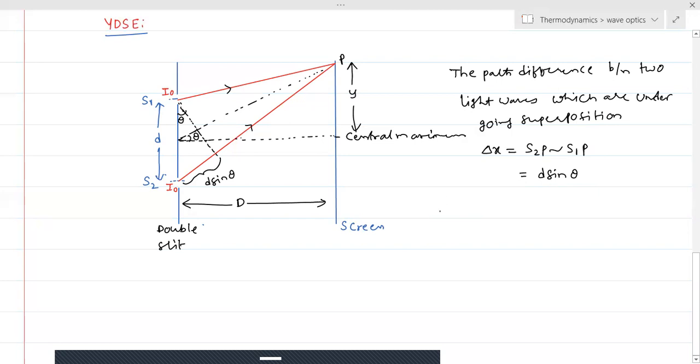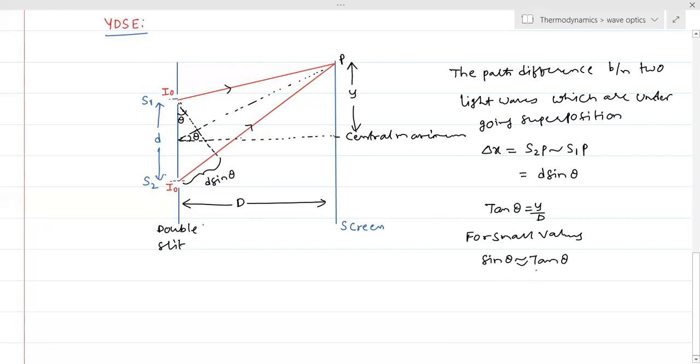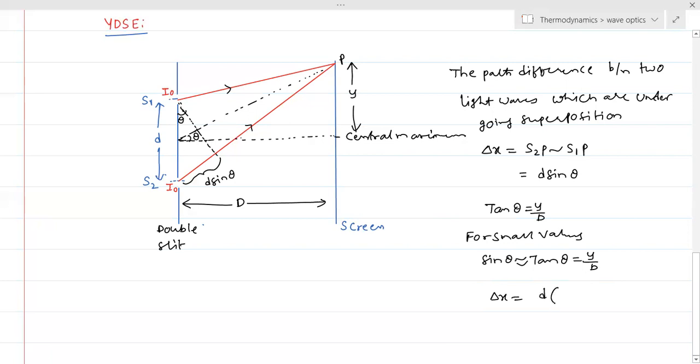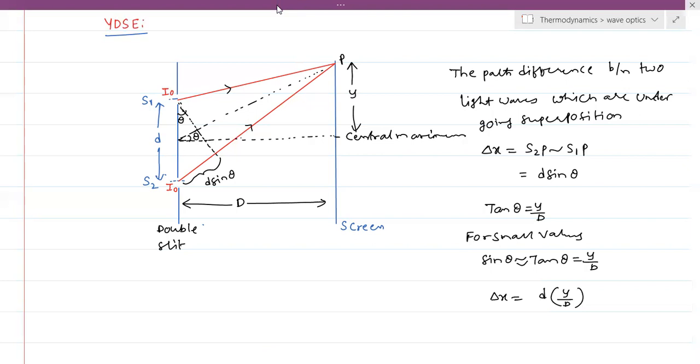Before taking the bright fringe, just imagine that tan theta from the diagram is y by capital D. So for small values, sin theta is approximately equivalent to tan theta, that is y by D. Therefore, the path difference delta x can be defined as d into y by capital D. Delta x is equal to d y by D. This is the most important relation in YDSE.